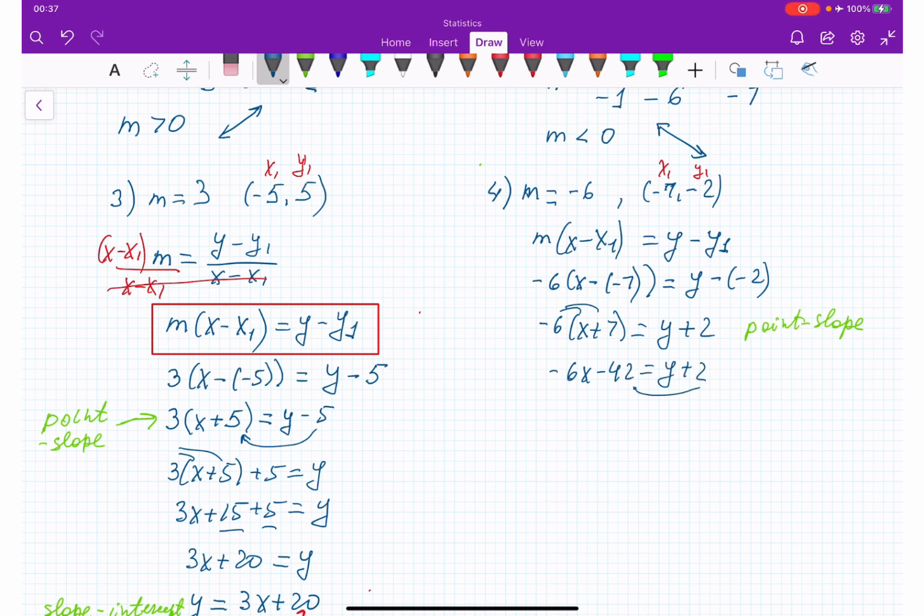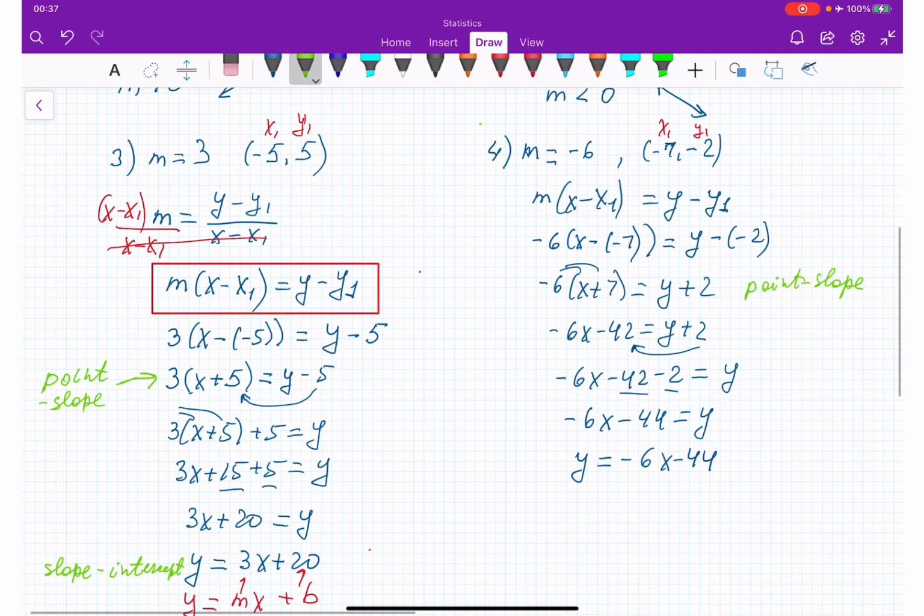Moving these 2 to this side, which is becoming negative, so negative 6x minus 42 minus 2 is equal to y. Combining, negative 6x minus 44 is equal to y. So from here, rewriting, y is equal to negative 6x minus 44. And this is our slope-intercept.